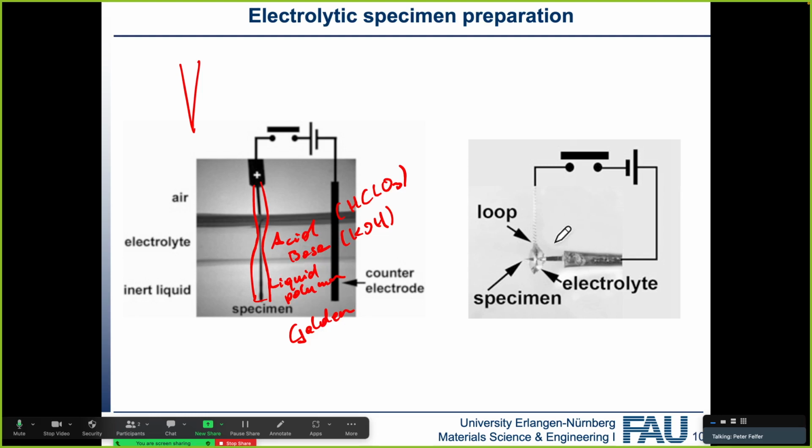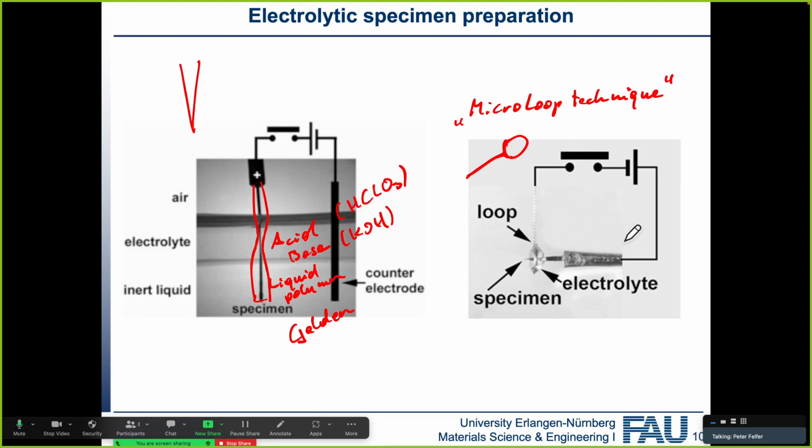But if we want to do that in a little bit more controlled way, what we very often do is the so-called micro loop technique. What we do in this case is create a loop out of a wire, and we suspend a droplet of acid in that loop, or base if it's KOH.